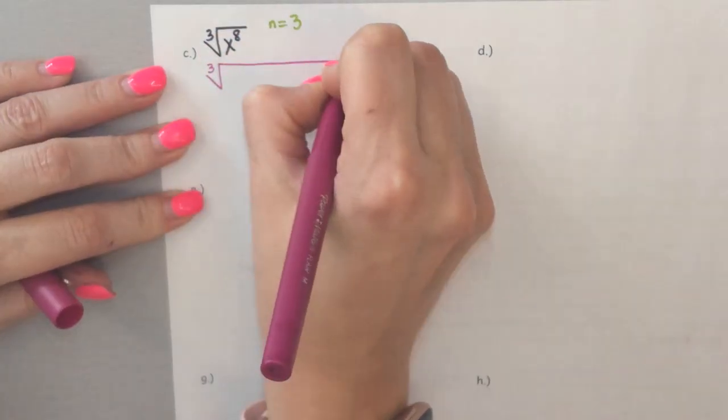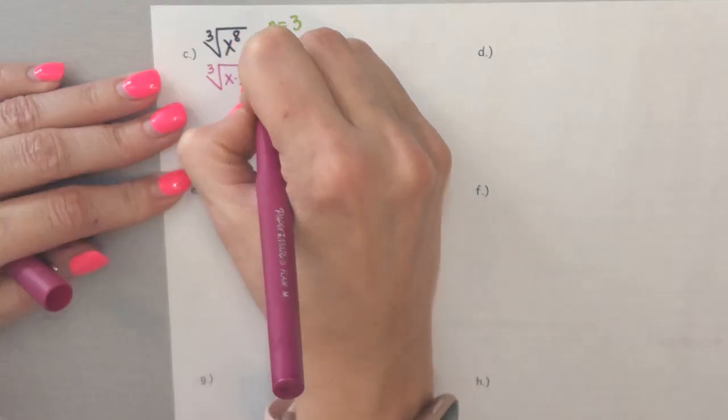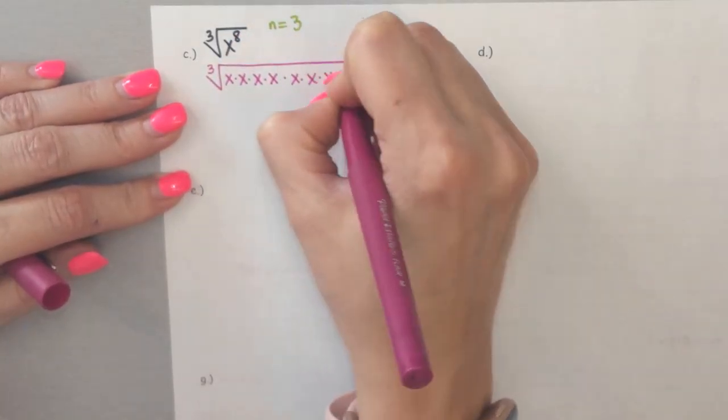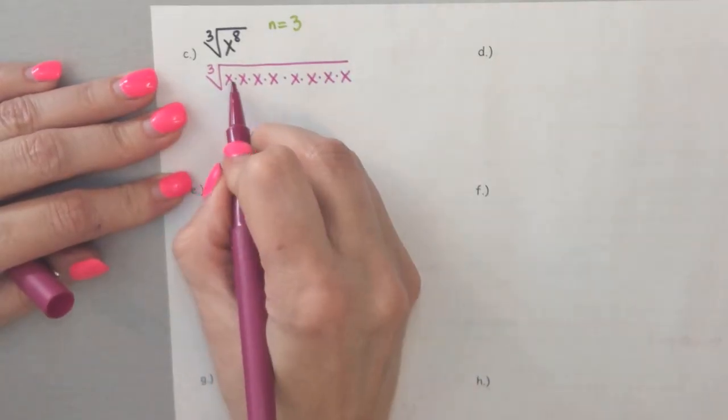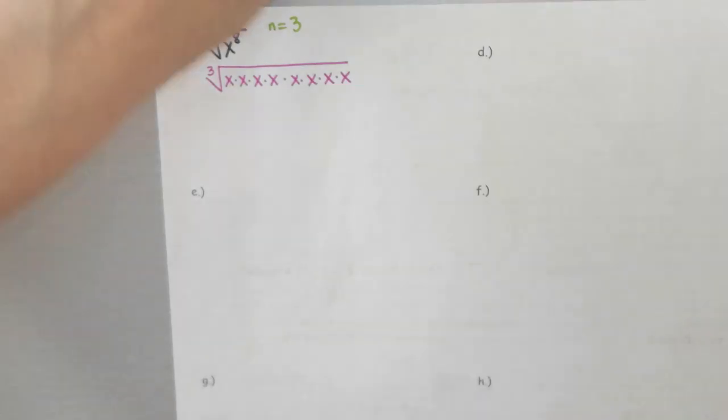This is also a great one. This is the only other one we're going to be writing it out for, so that we can visualize what's happening here. So 1, 2, 3, 4, 5, 6, 7, 8. Okay, so if your n value is 3, you are now looking for groups of 3, not groups of 2.